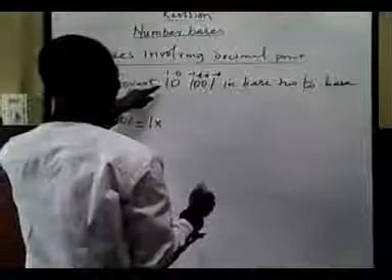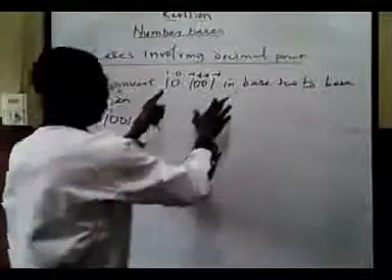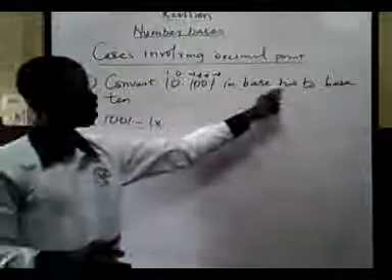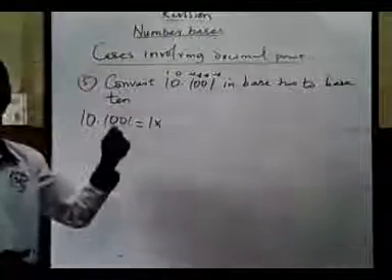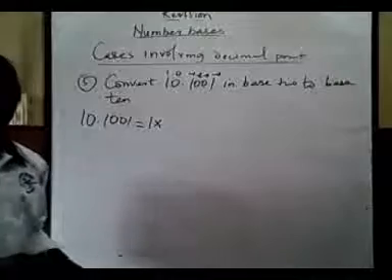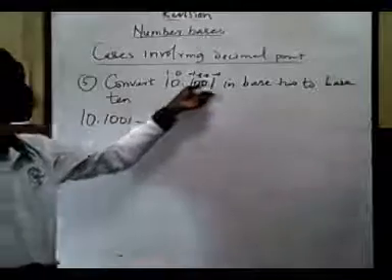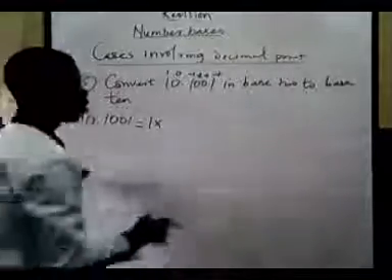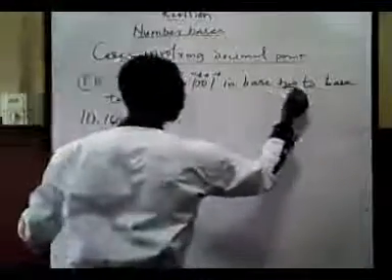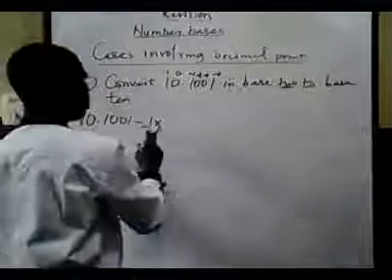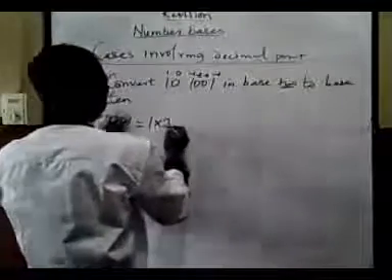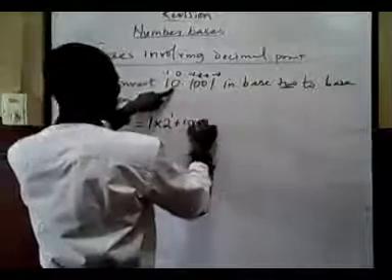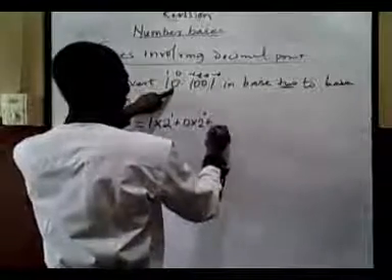If you are converting to base 10, it is the base you are coming from that will be used to multiply. Is that okay? So since I have base 2 here, I'm going to say 1 times 2 raised to power 1, plus 0 times 2 raised to power 0, plus.